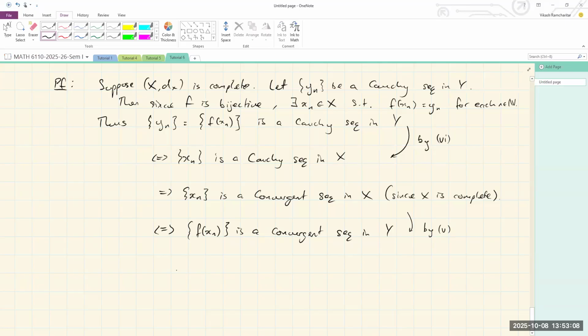And what was f of x_n? f of x_n was just y_n. So y_n is a convergent sequence in Y, since f of x_n equals y_n. So that's the proof. Therefore, Y is complete.